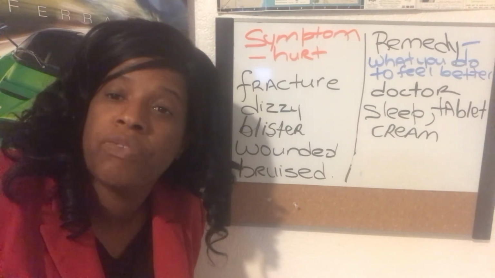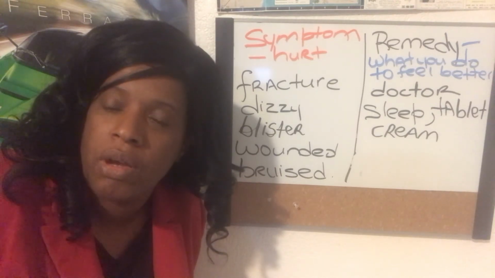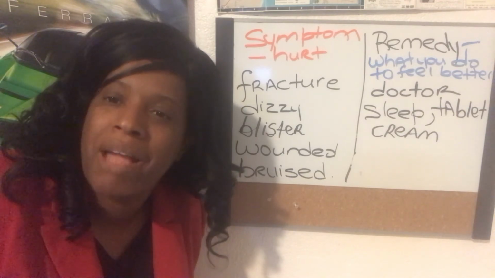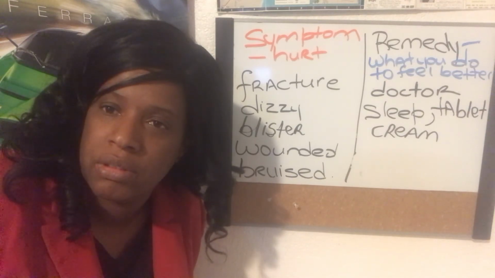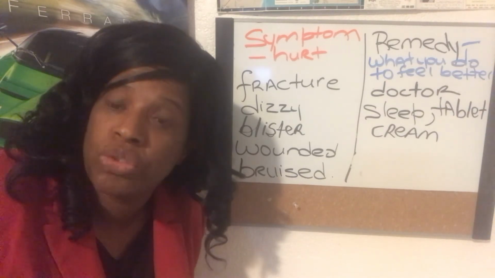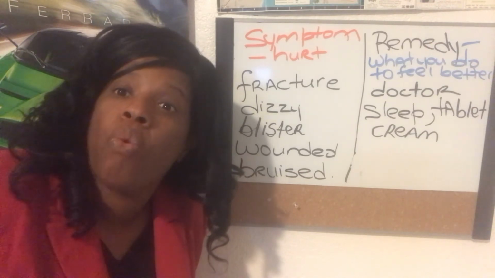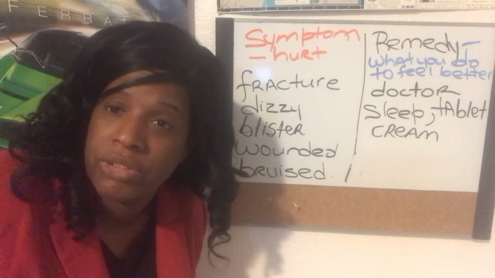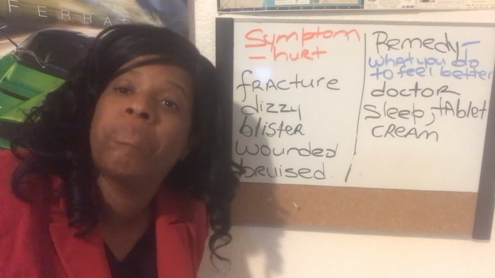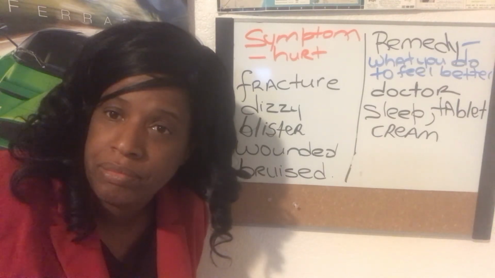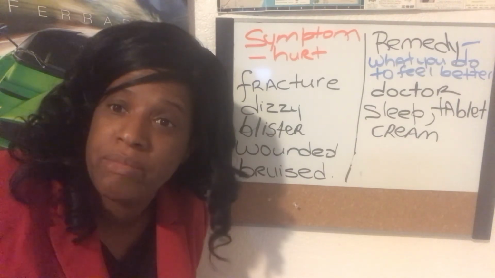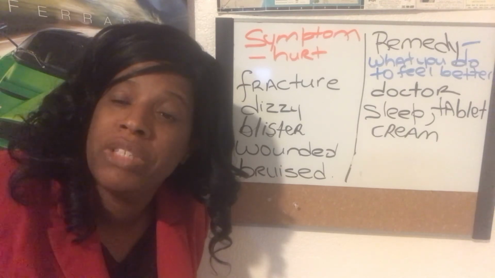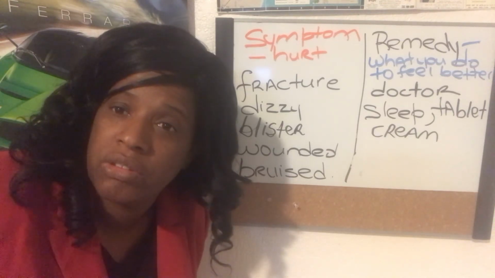He was wounded for my transgressions, my sins, my problems. And sometimes in our natural lives, other people are wounded for us. Other people take the blame for us. Many times, there are other people wounded because of another situation.